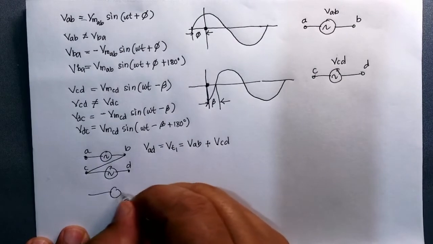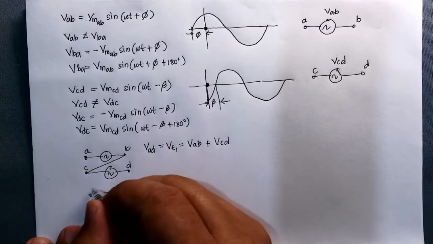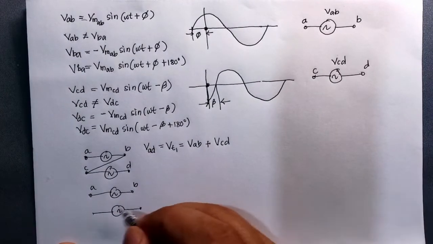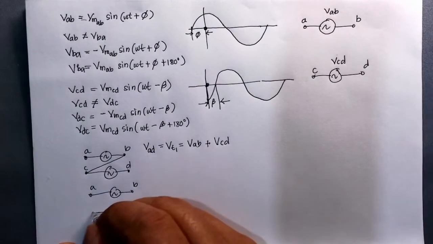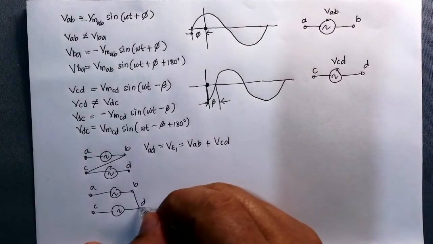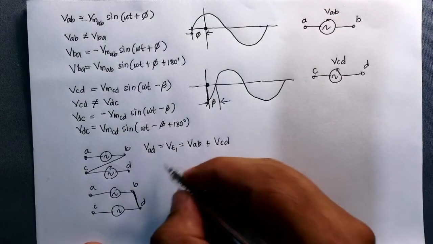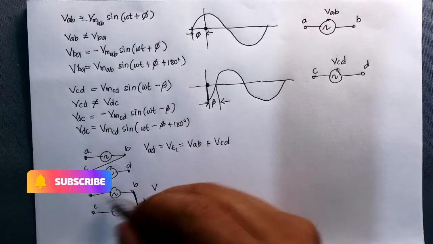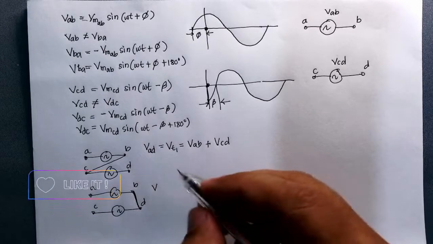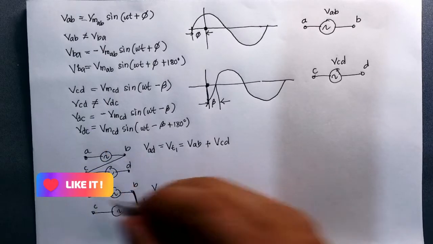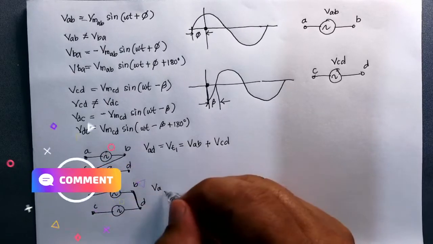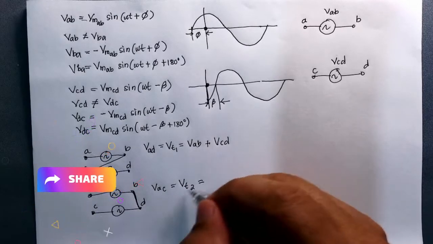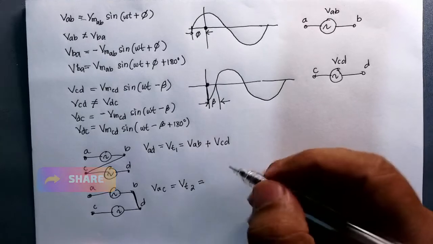So again let me just draw a schematic symbol for the AC source. This is again D and this is C. We can connect it here, B and D. So the outermost parts of our circuit where we connect these two sources are A and C. So we can say that this is terminal 2.